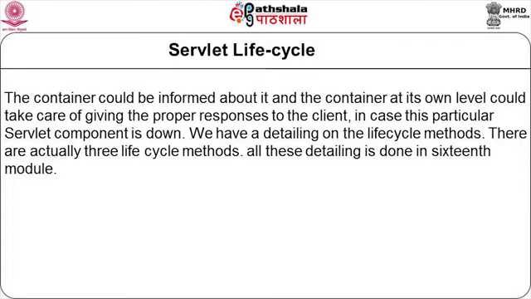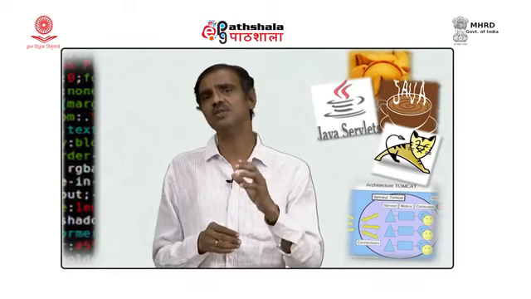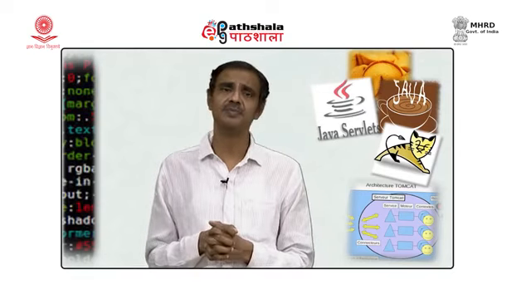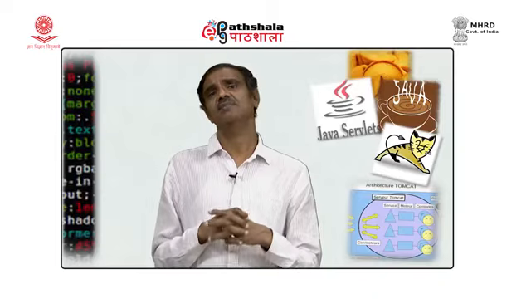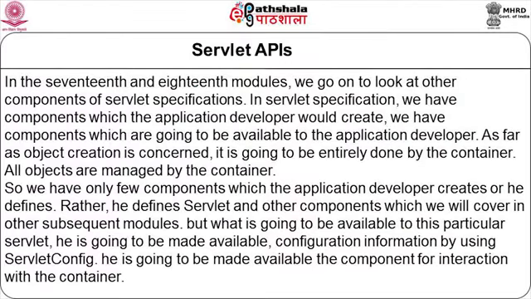We have a detailing on the lifecycle methods, there are actually 3 lifecycle methods in a servlet. The detailing of all those 3 lifecycle methods of a servlet is done in module number 16. And then in modules 17 and 18, we go on to look at the other components. In our whole servlet specification, we have components which the application developer would create.